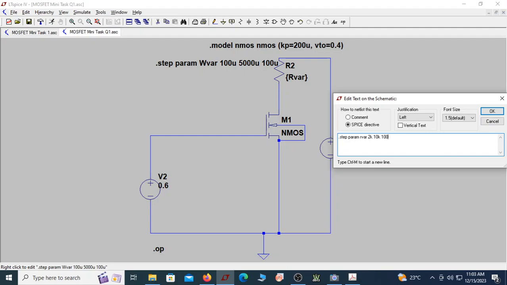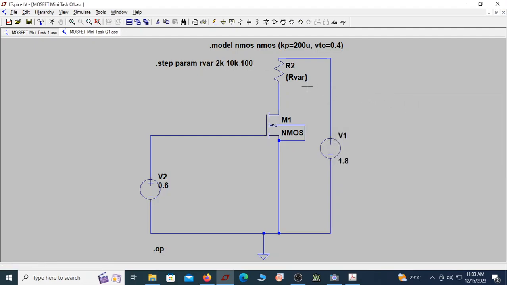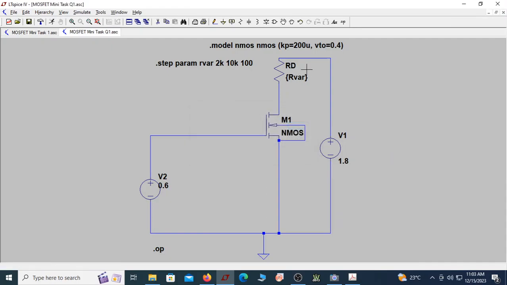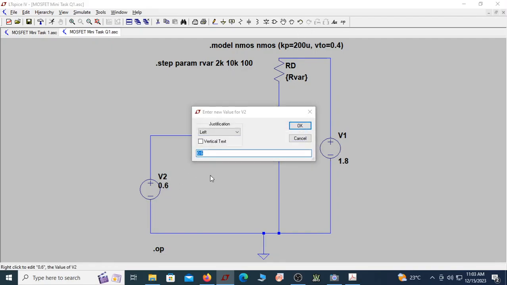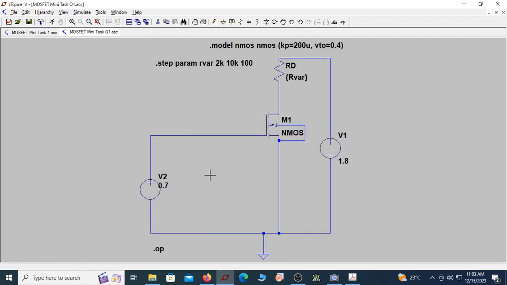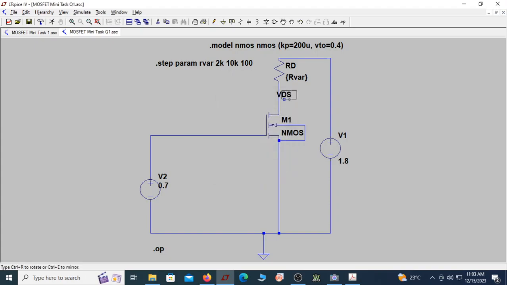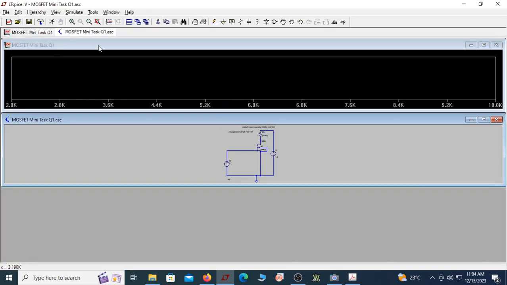So I am changing this resistor, let me name it as RD only, and this is 0.7. Let me observe this, and name it as VDS. I'll wire it to this. Now I will run it.